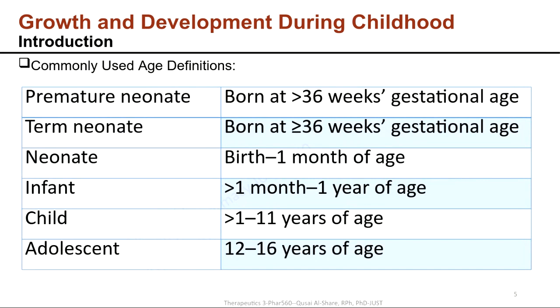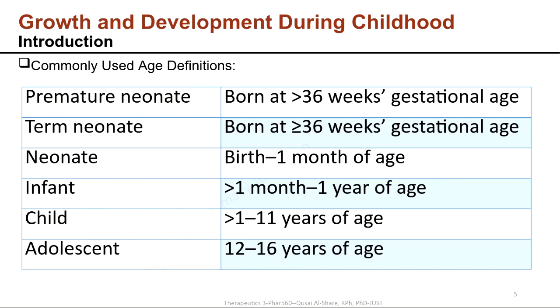A neonate is just who was born today or birth until 1 month of age. We call him a neonate. Infant is more than a month and up to 1 year of age, and a child 1 to 11 years, and adolescent 12 to 16 years of age.